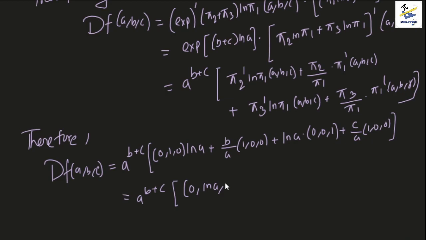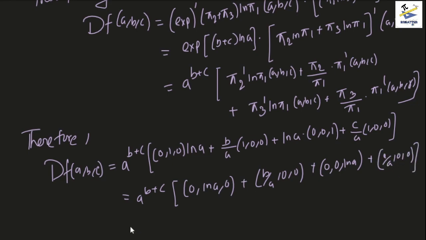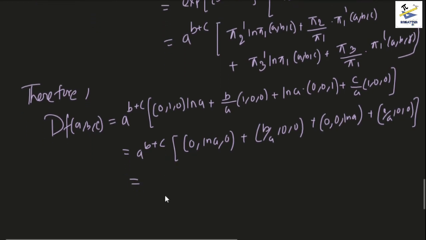times 0 comma ln of a comma 0 plus b by a comma 0 comma 0 plus 0 comma 0 comma ln of a plus c by a comma 0 comma 0. And therefore this is equal to a to the power b plus c times. Now 0 plus b by a plus c by a, so this becomes b plus c by a in the first component, ln a plus nothing, so only ln a in the second component, and ln a in the third component.